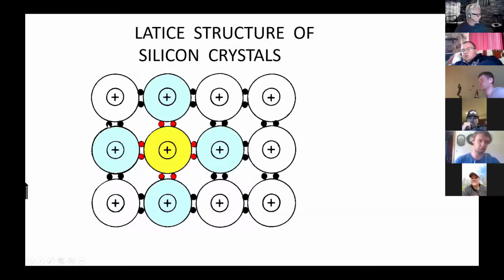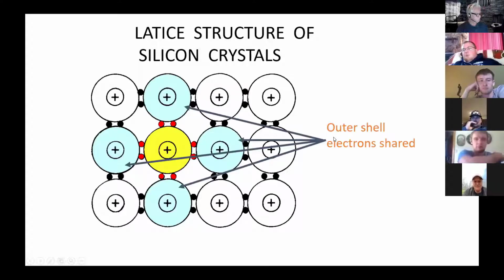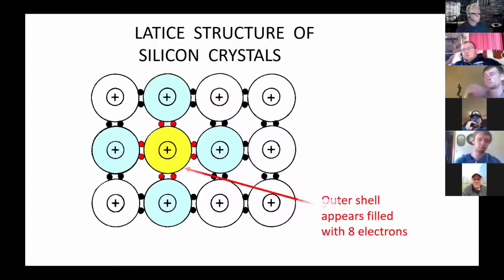It has 4 because that's how many it typically has, but when they start joining together, you can see these inner ones essentially have 8. This one has 8 because of the sharing. And because of this bonding together, this starts to form crystals. So silicon crystals are made up of silicon atoms, and they're bonded together by this electron bonding.